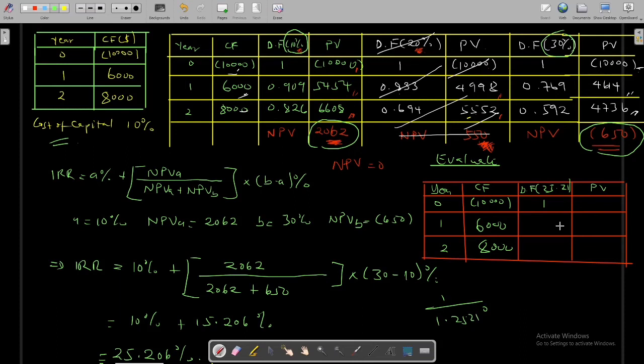Now let's look at the discount factors for year 1 and year 2. So 1 over 1.2521 exponent 1 will give us 0.799 using 3 decimal places. And for year 2, we are going to have 0.638.